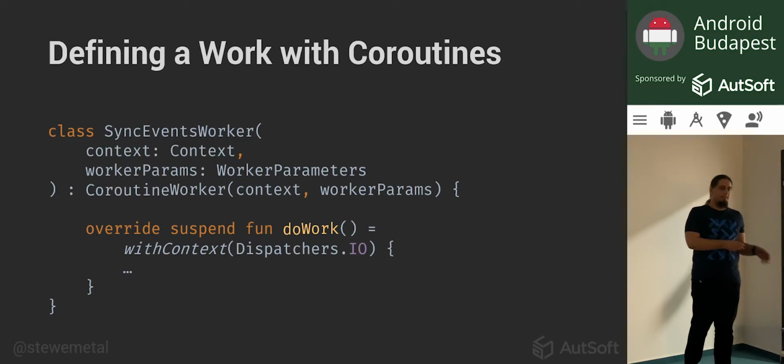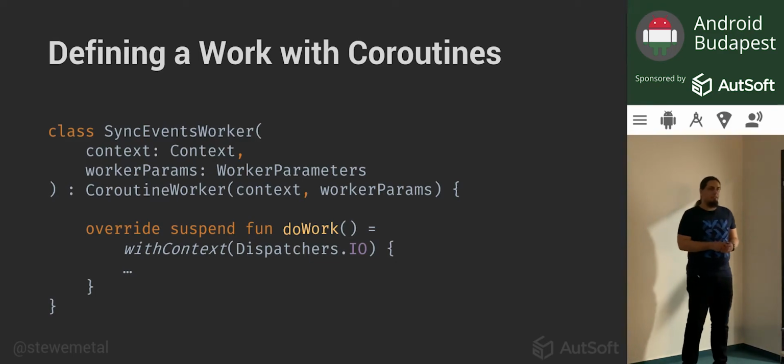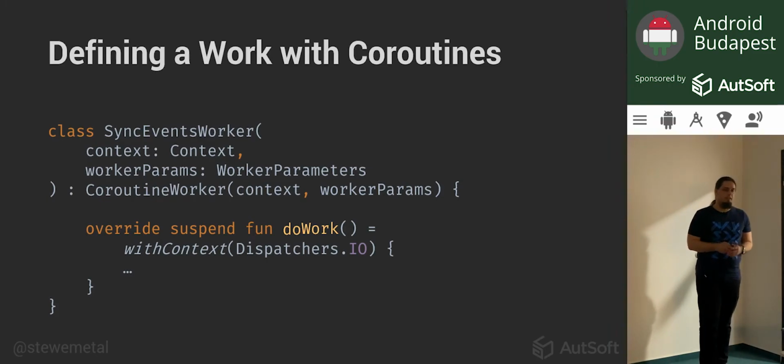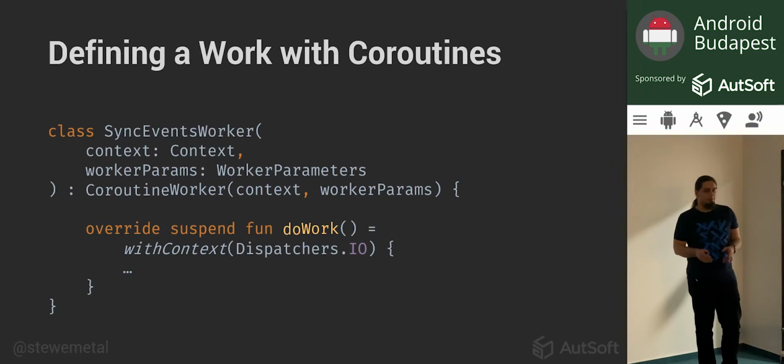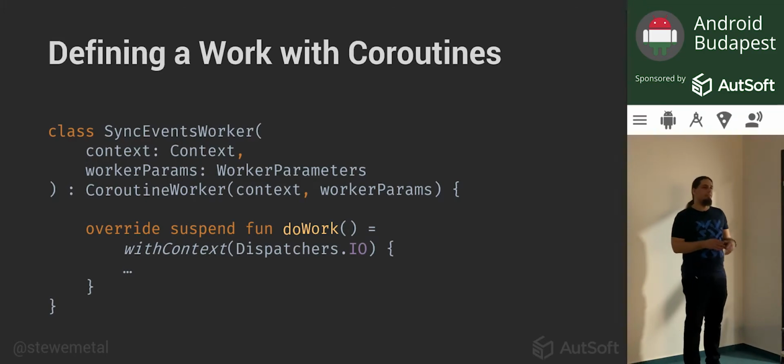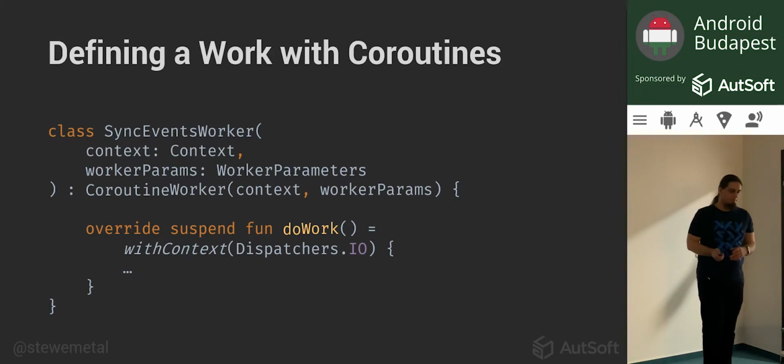We can define the dispatcher right here, and we can do the context switching like we normally do with coroutines. And also, this way, the cancellation and everything around coroutines will be handled for us. WorkManager does this without us having to do anything more.